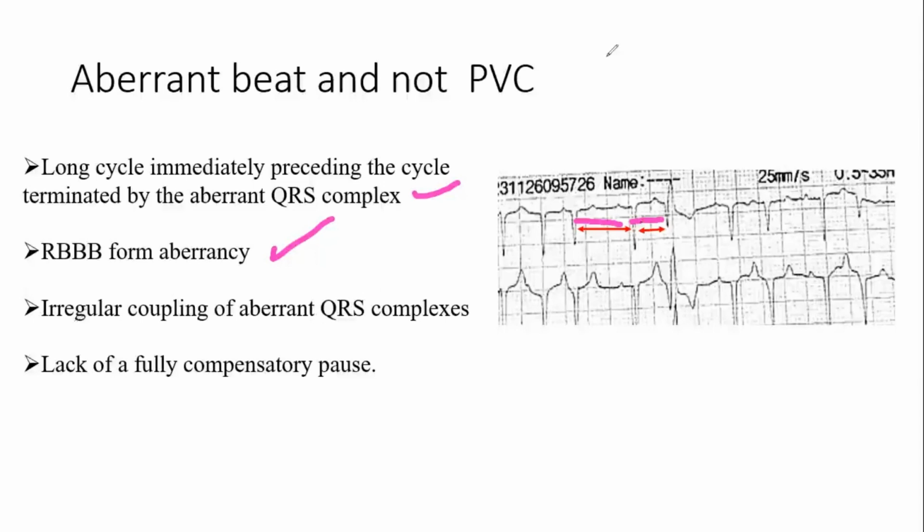So what does this mean? This means that this complex and the aberrant complex, the coupling interval means from here to here. This will not be fixed, because you see this phenomenon more commonly in atrial fibrillation, because it's pretty fast and you can easily see that.